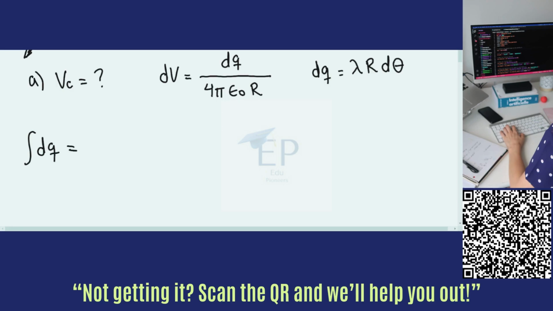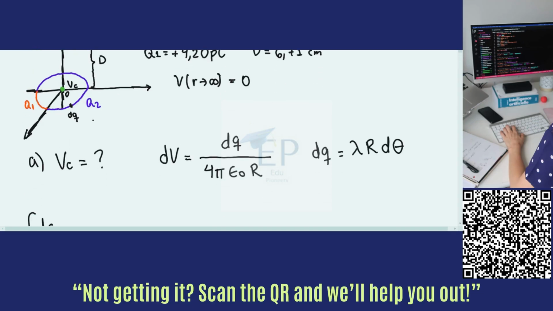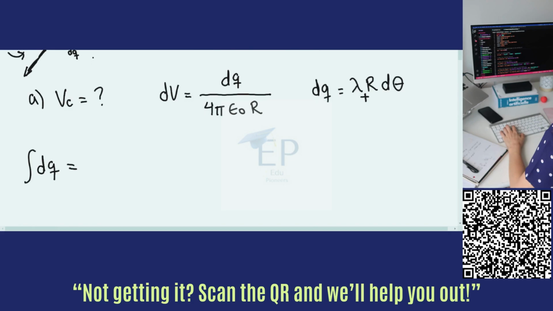We're going to try first with this segment in here, and that segment has a positive charge. We're going to call its density a positive density, and it is not on all of the circle. It is just on 1/4 of this circle.